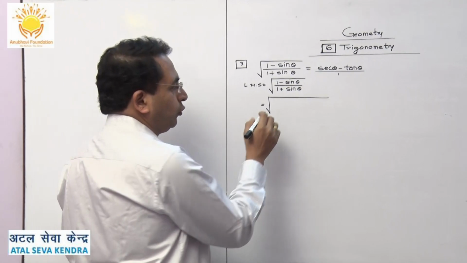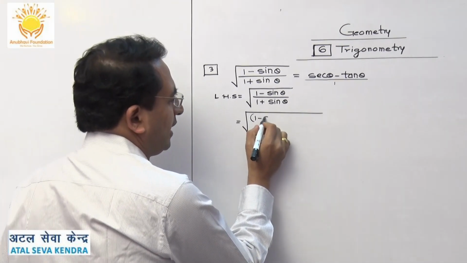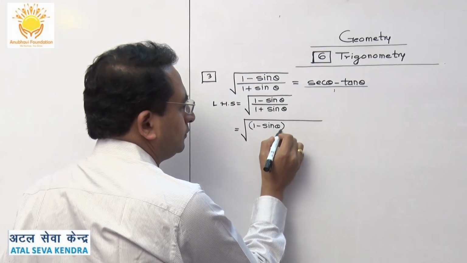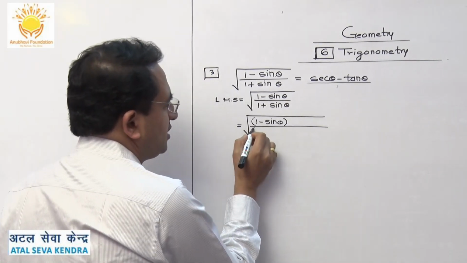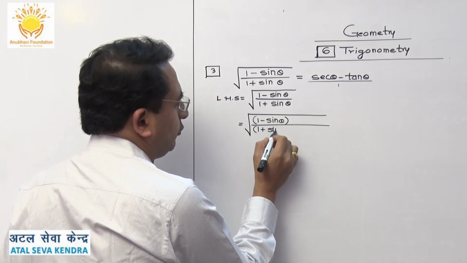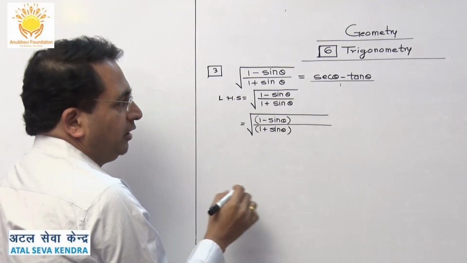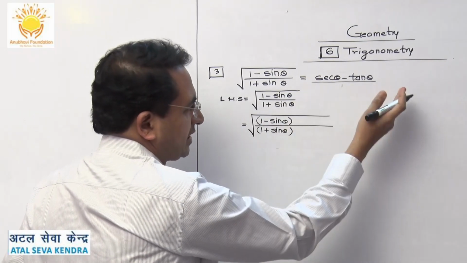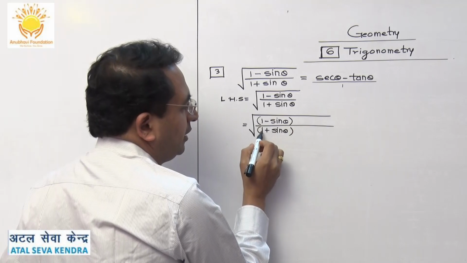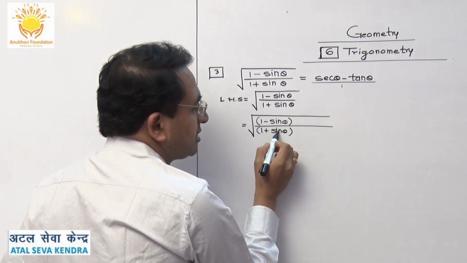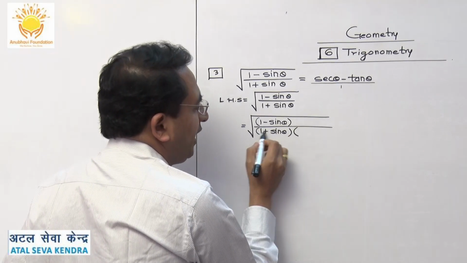That means what you have to do? It is 1 minus sine of theta upon 1 plus sine of theta. What I told you: if you want 1 on the right side in the denominator, then multiply this by its conjugate.